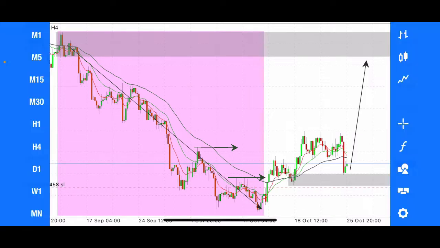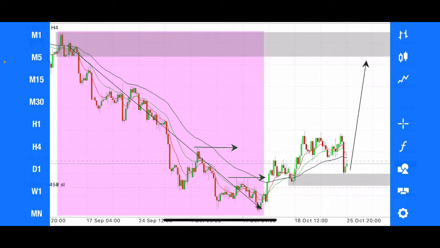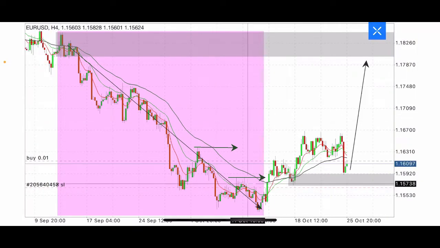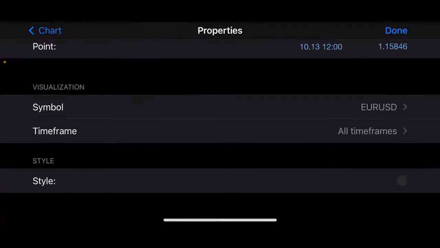Price failed to break this area right here, this area with the small dot. Price failed to break this area right here. Let me change the color. Make it a nice red color.